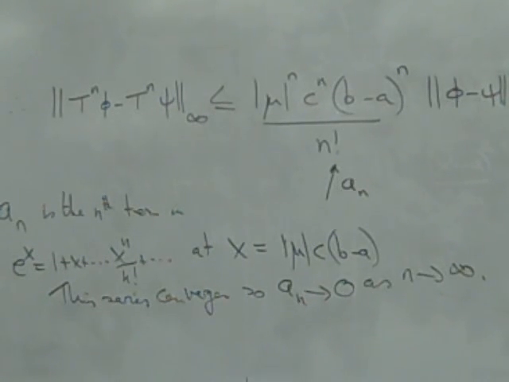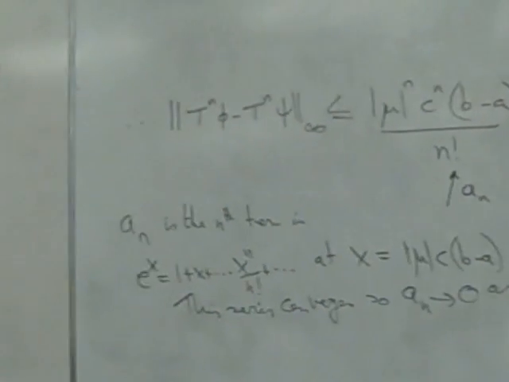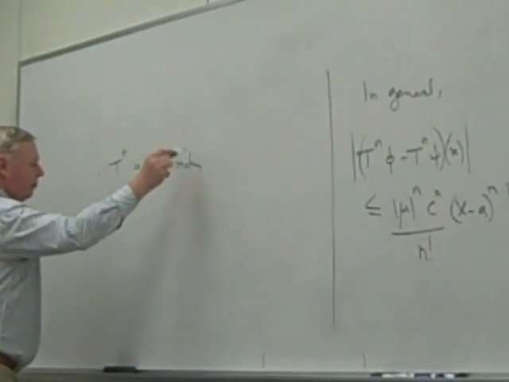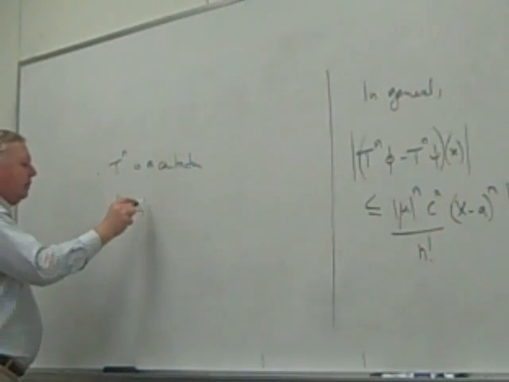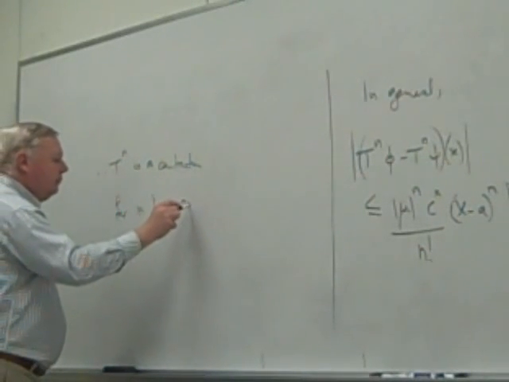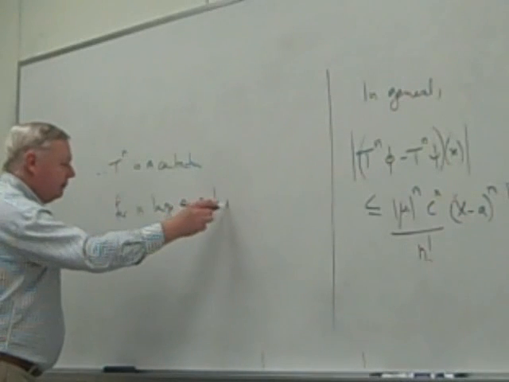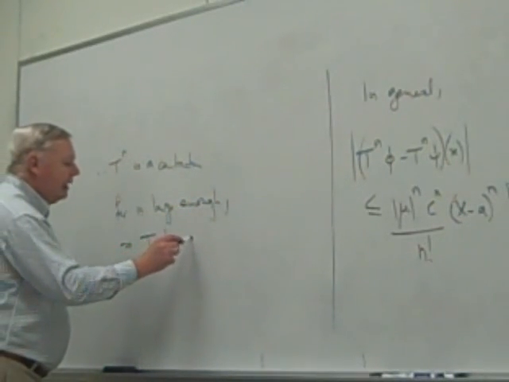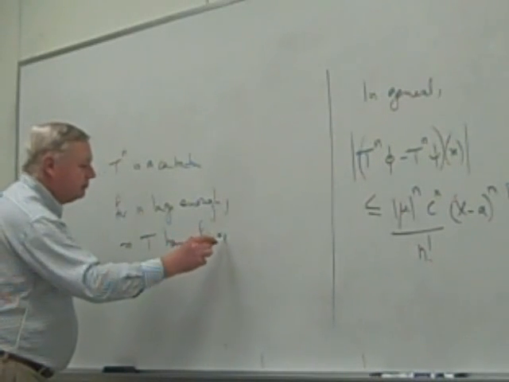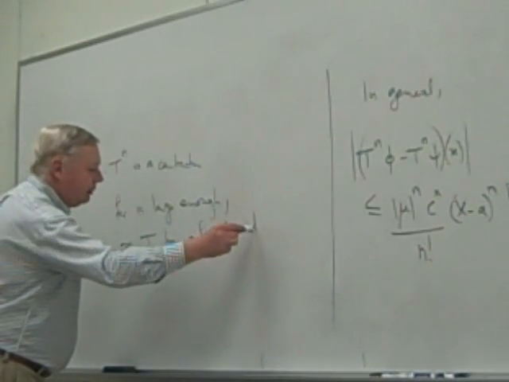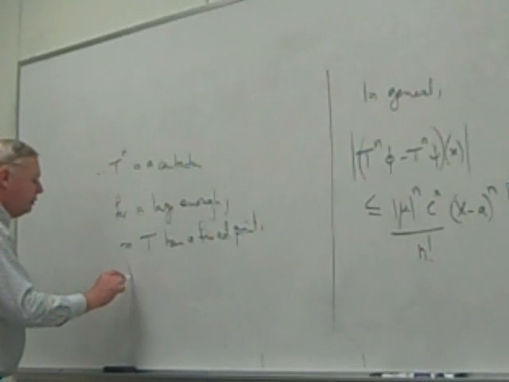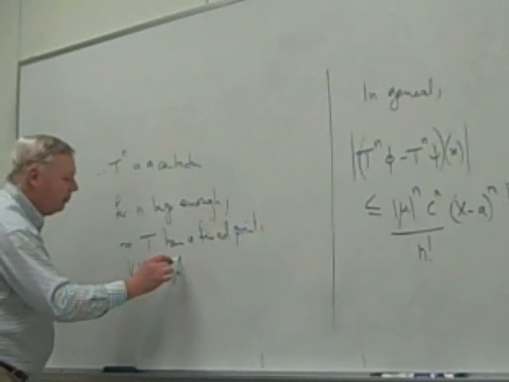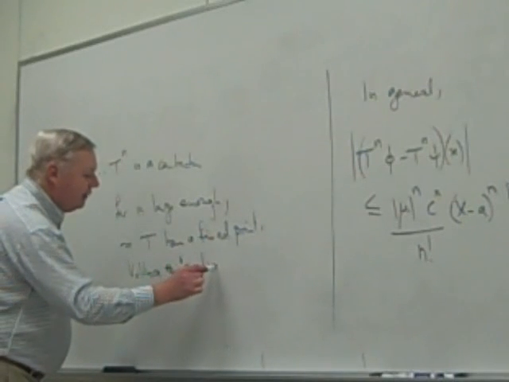And so, therefore, T to the n is a contraction for n large enough, and so the original T has a fixed point. So the Volterra equations always have solutions.